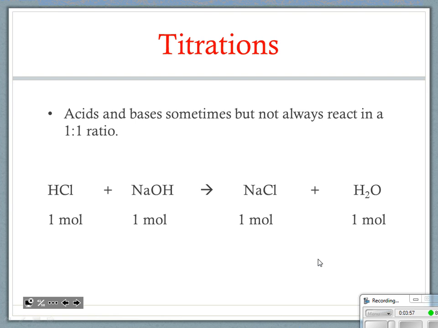So we can say that 1 mole of hydrochloric acid plus 1 mole of sodium hydroxide will yield 1 mole of sodium chloride and 1 mole of water. We discussed that when we said, what does a balanced chemical equation actually tell us? So if you look, my acid to base ratio is 1 mole to 1 mole.